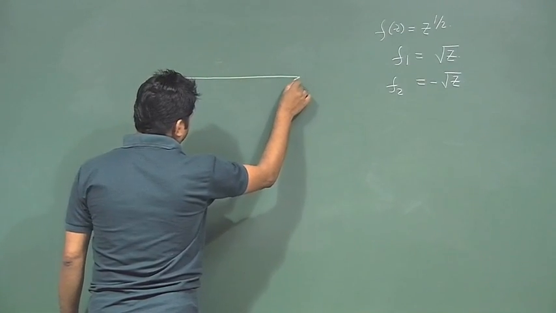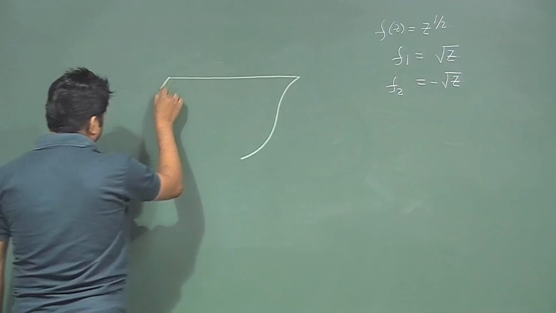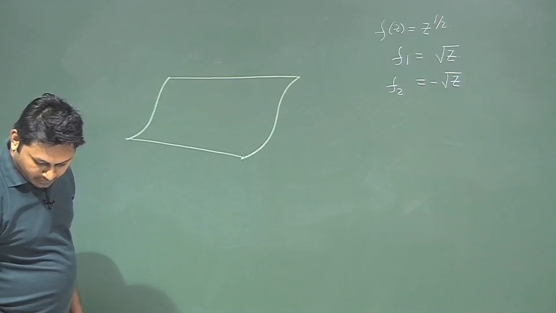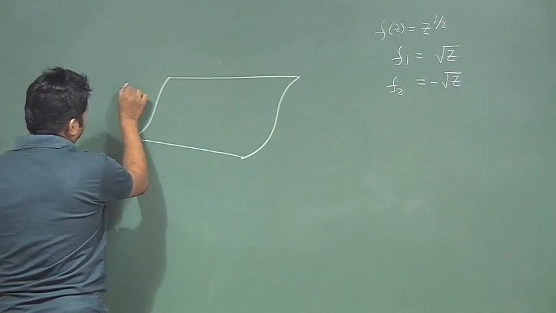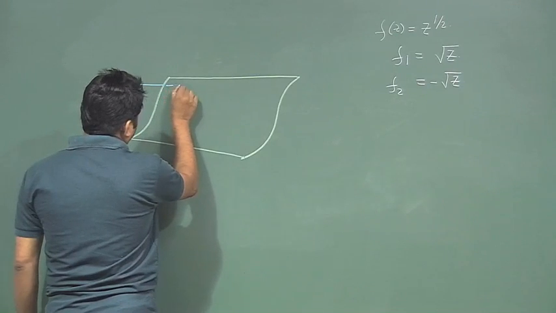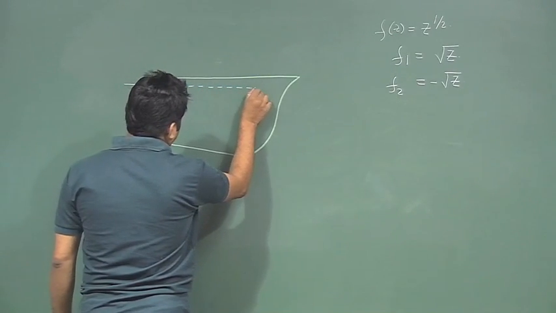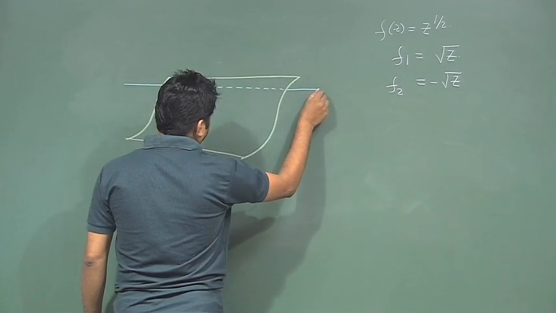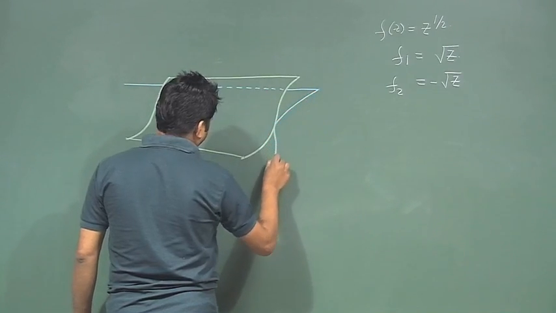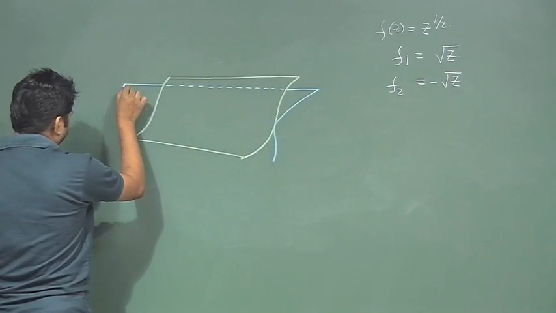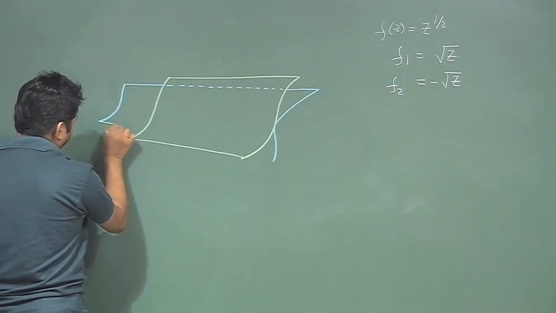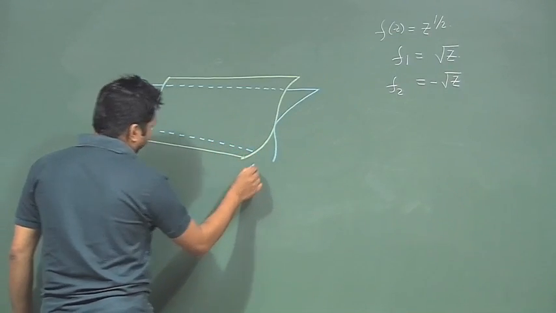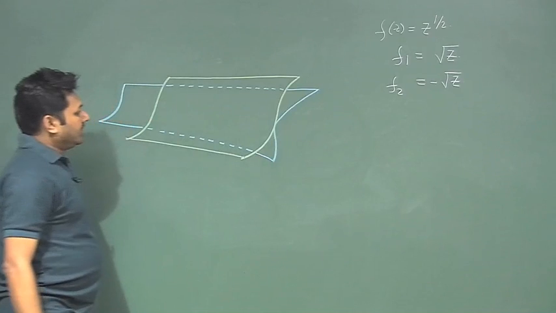So, say this is one, and another sheet may be here. It is something like this.